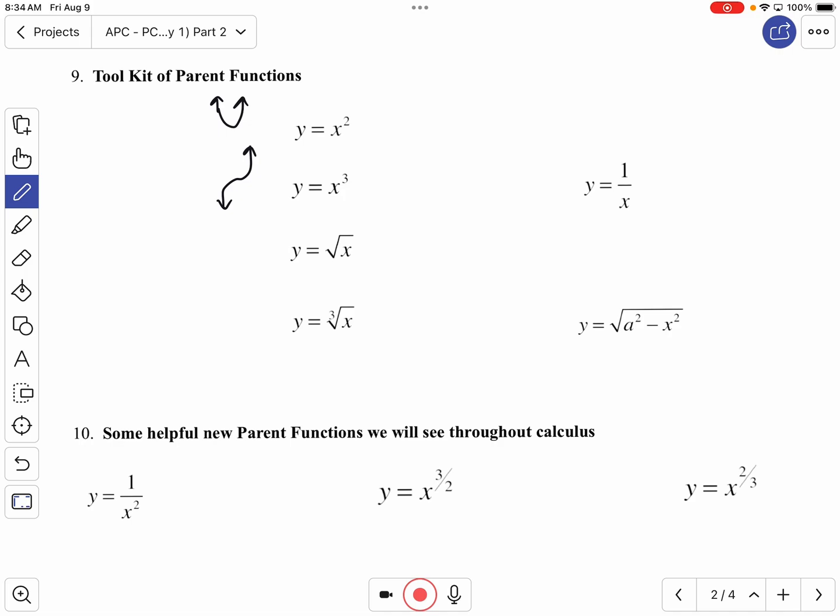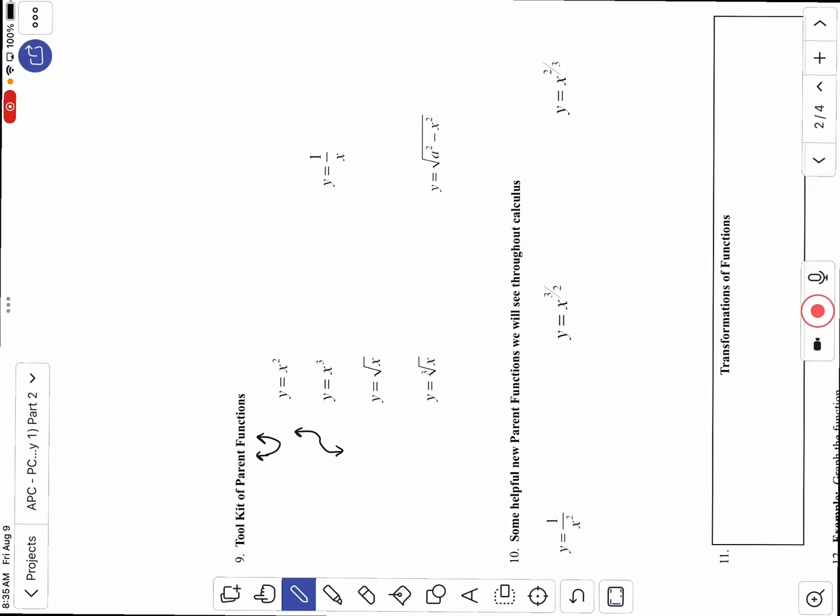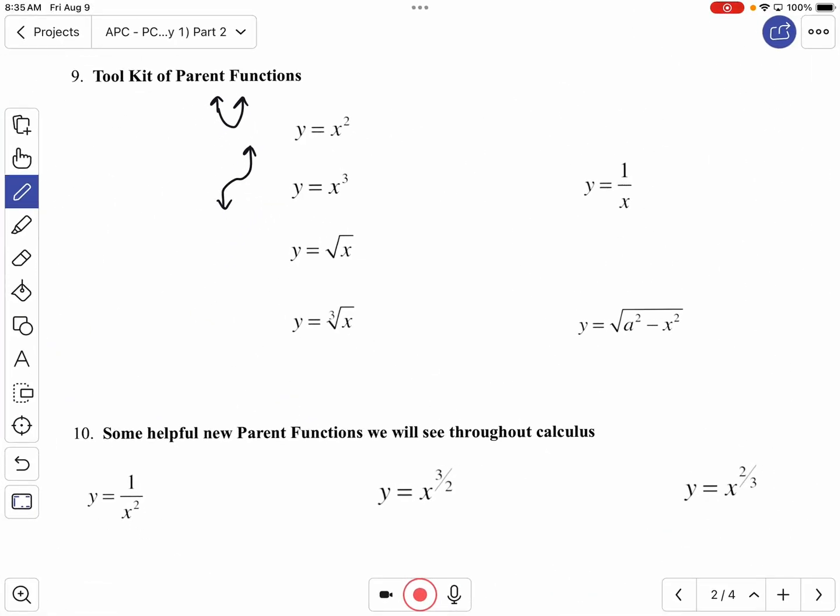Anyway, what about square root x? It's not the V. That's absolute value. It's your stretch, right? Your stretch function is kind of what I call it. All right. What about cube root? Walk like an Egyptian.